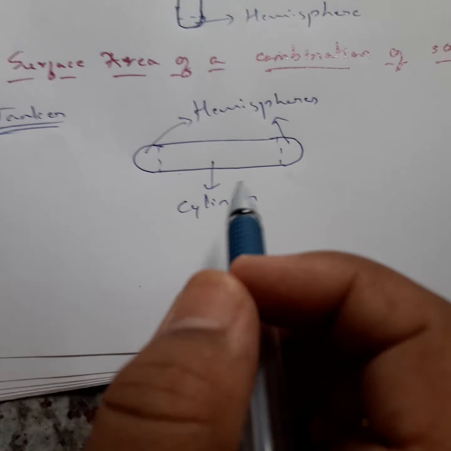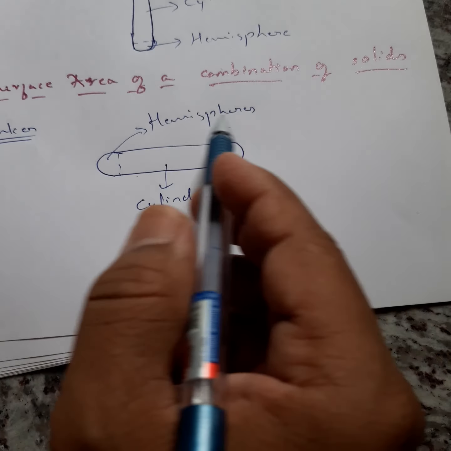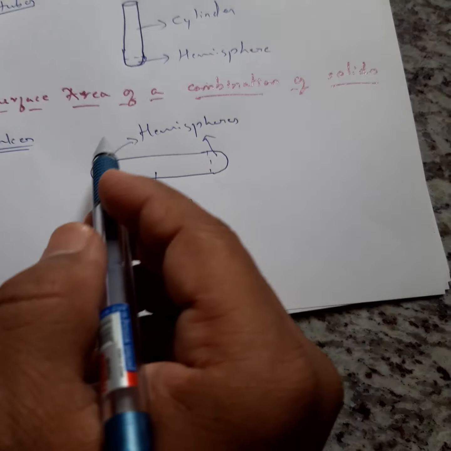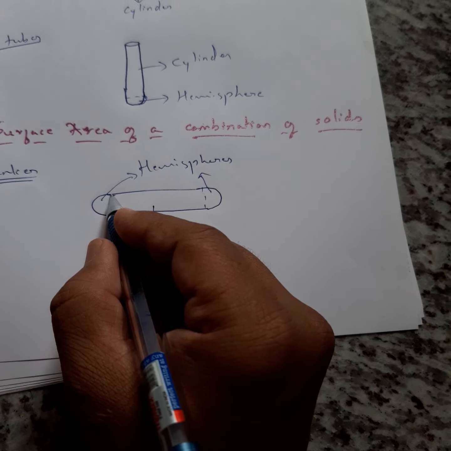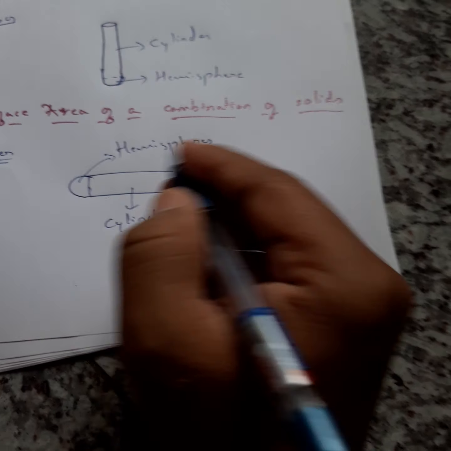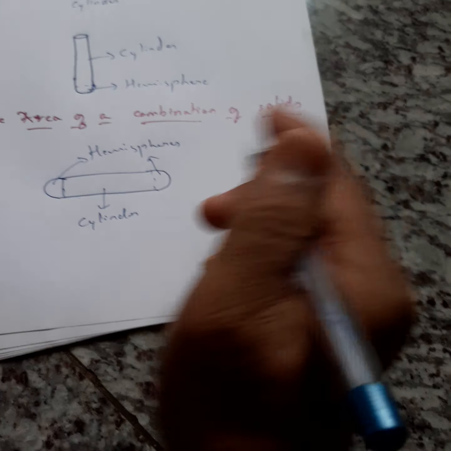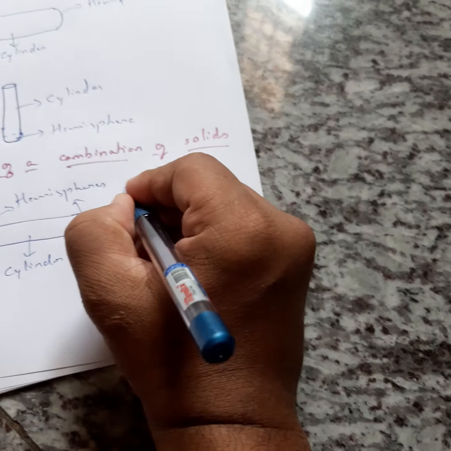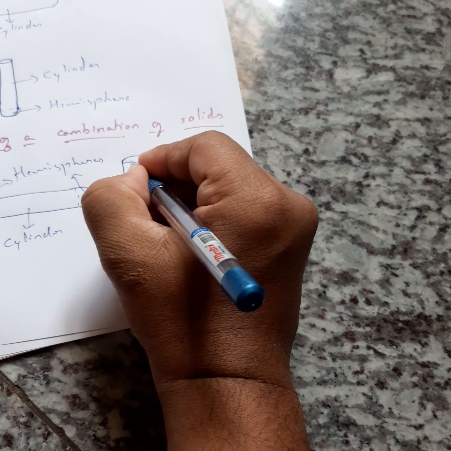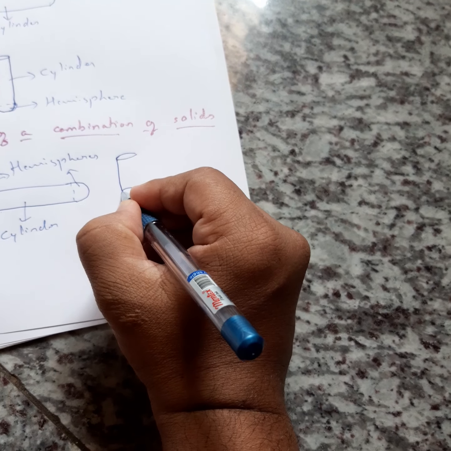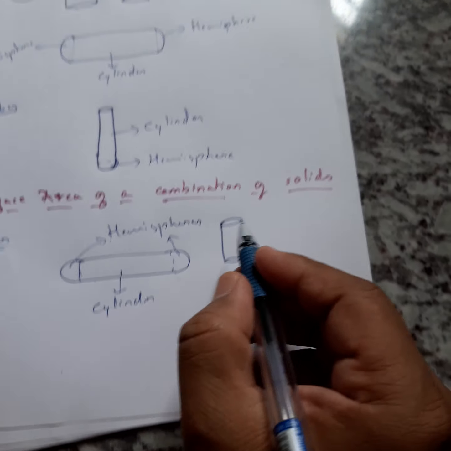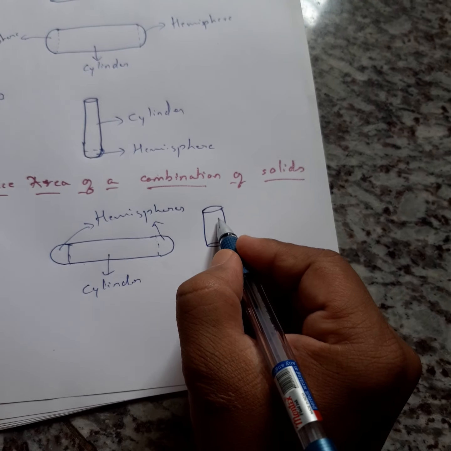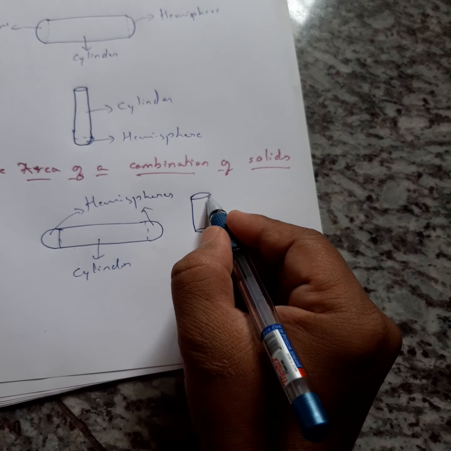But if I want to find the total surface area of this combination of solids, then you can see there is some part. So if I take out all these parts separately, the cylinder, if I draw it, is like this. So there is one curved surface area, that is this part.